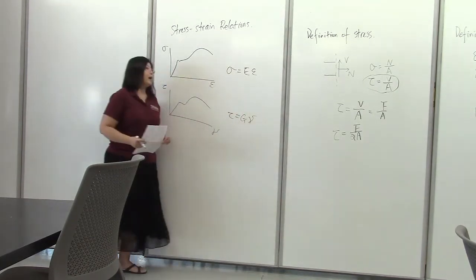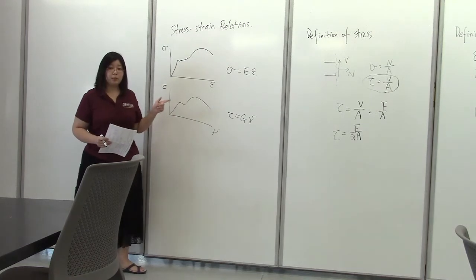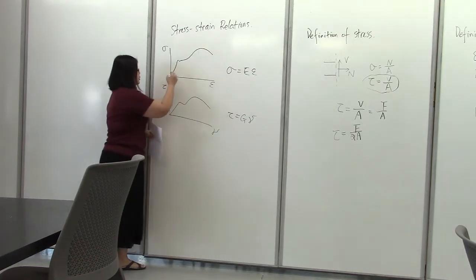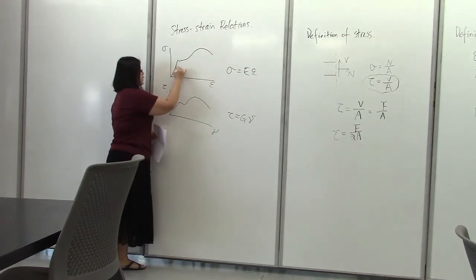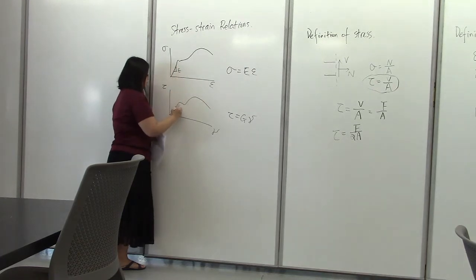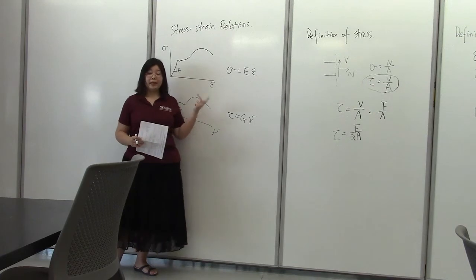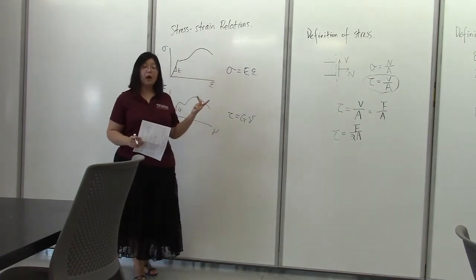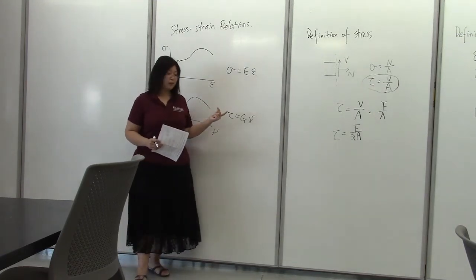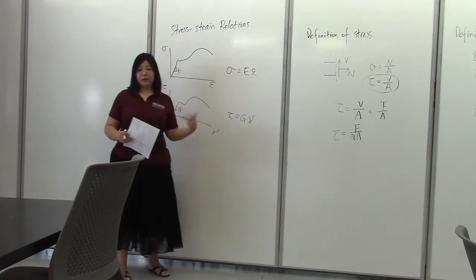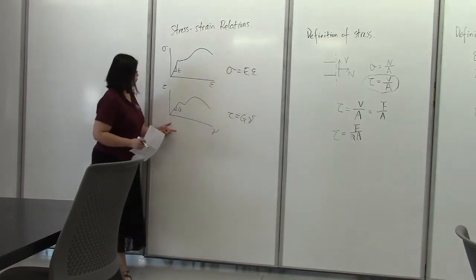Okay. And E and G are material properties. Those are also the slopes of the linear portion on these diagrams. So E is the elastic modulus of a material, also known as the Young's modulus. And G is the shear modulus of the material.